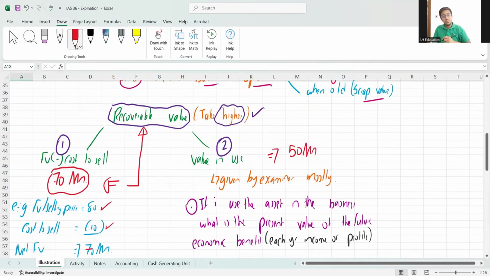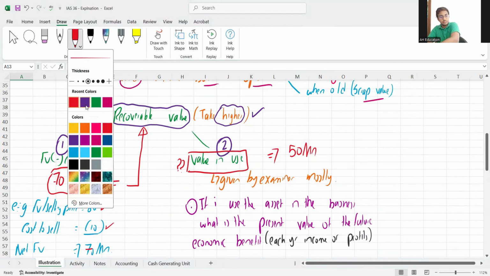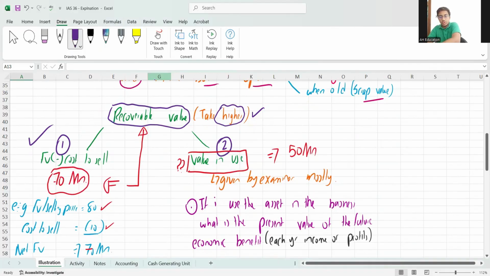There is another new term called value in use. What does this mean? See, you all know recoverable value can be generated in two ways. One is you could sell it. That is this fellow. You can sell it to a third party and generate cash.